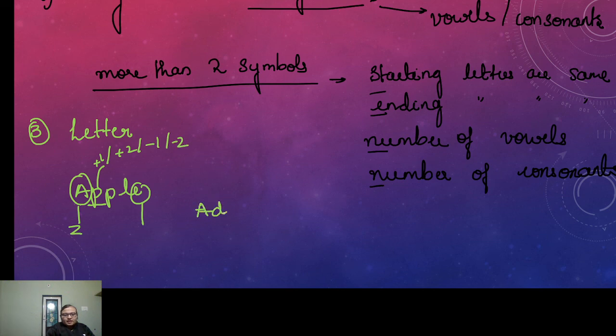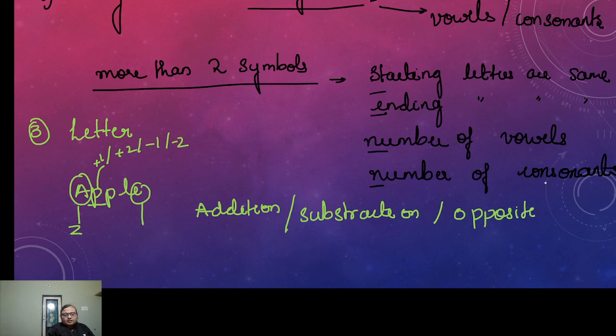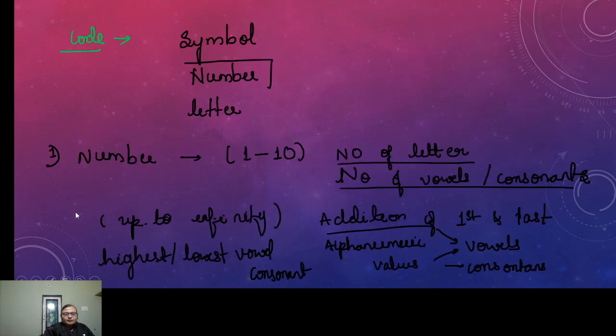So there can be addition of some numbers, addition of some letters between code and letter. So there can be addition, there can be subtraction, there can be opposites. Okay, so this is how you can find a new pattern coding.